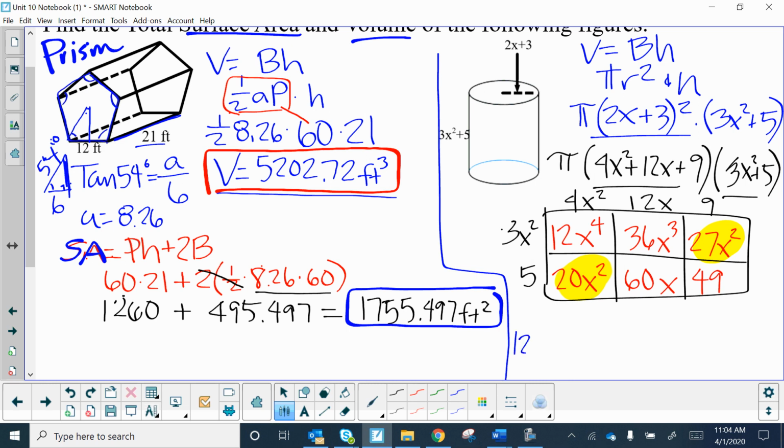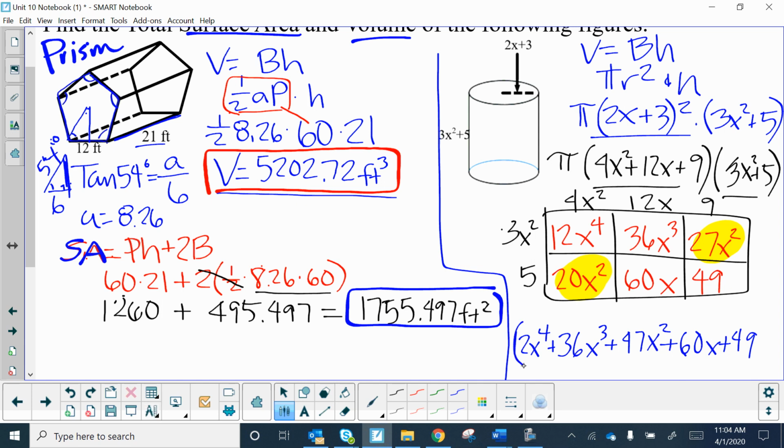Okay, so this is 12x to the 4th plus 36x cubed. 27 plus 20 is 47, so plus 47x squared plus 60x plus 45.